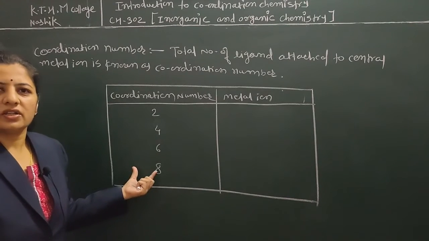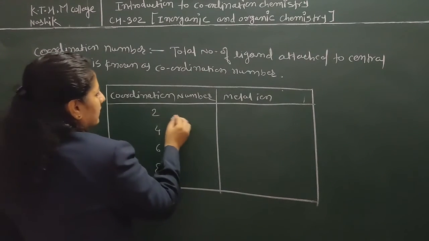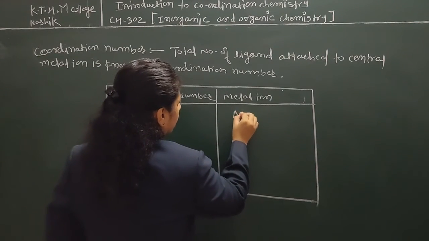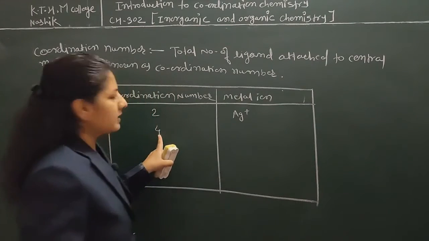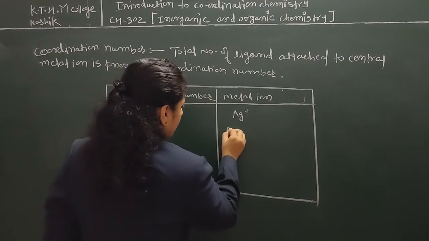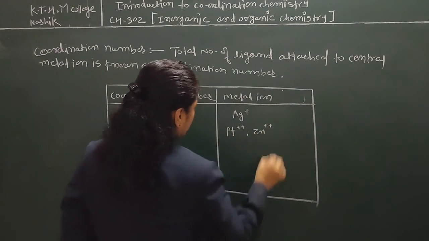So generally these coordination numbers are found. An example of coordination number 2 is silver plus. When there is a coordination number 4, the metal ions are platinum plus 2, zinc plus 2.